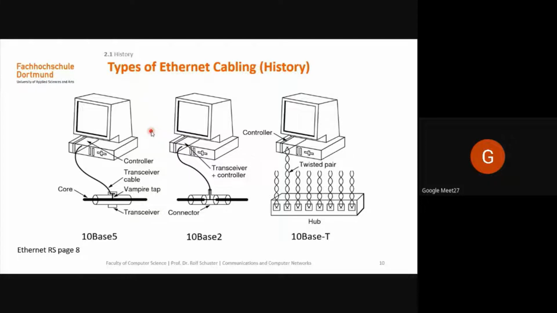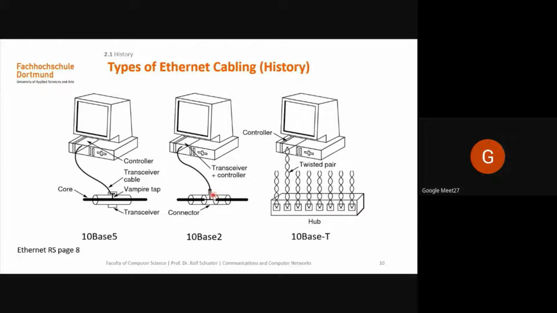In the origins, the first specifications typically supported three medias: thick Ethernet, thin Ethernet, and UTP, unshielded twisted pair, where unshielded twisted pair is in fact a star tree topology, where the hub emulates the behavior of a bus.